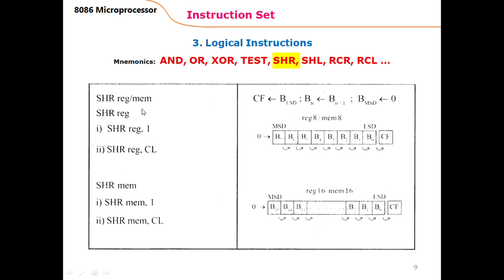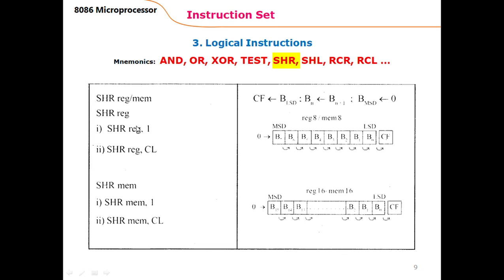Just like the test instruction, the shift right instruction is also available with the register and with the memory location. And there is an immediate value or the CL register, the count register, that provides the number of places to be shifted.